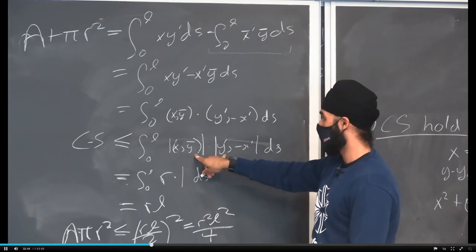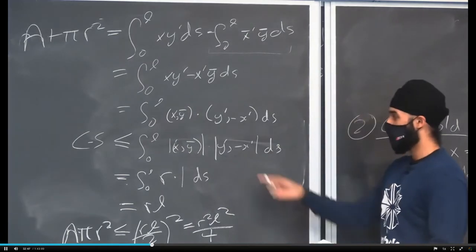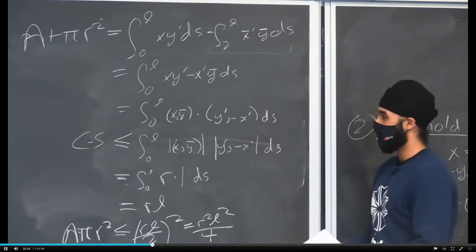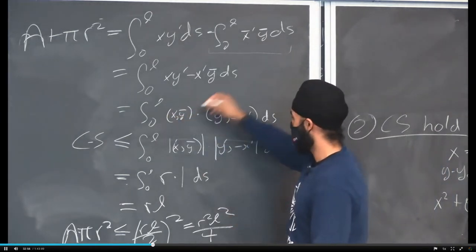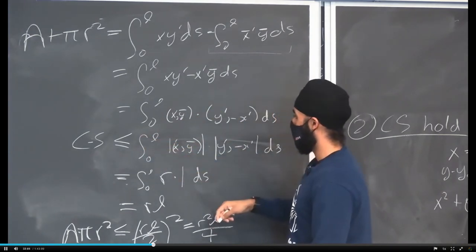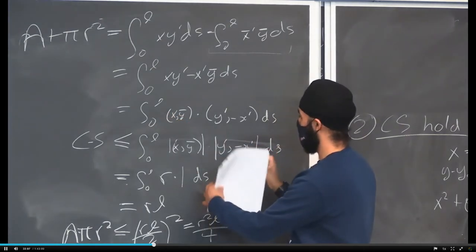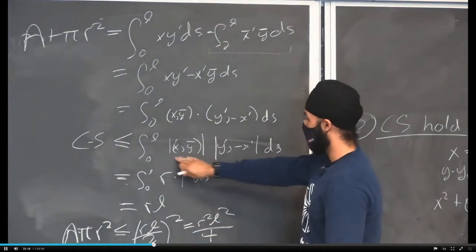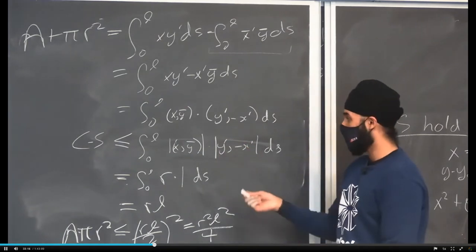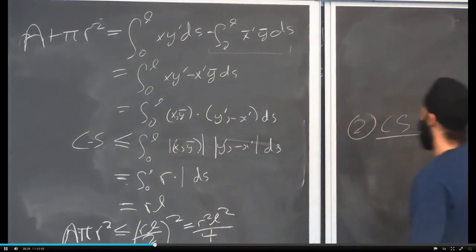We know that if they are scalar multiples of each other, the integrands are going to be equal, so obviously there's going to be equality. But is there any situation where the integrands are not equal to each other, but the inequality is still equal? It turns out there isn't, because you take the absolute value of the integrand, and it is going to be bounded by this. So we can put in another step in here. But there's only one way this is equal: if the Cauchy-Schwarz inequality holds. That's the only time this is going to be equal.